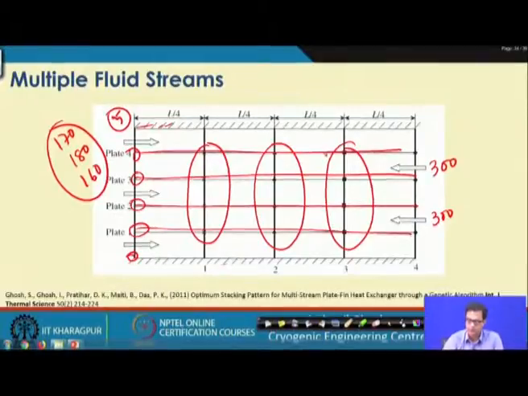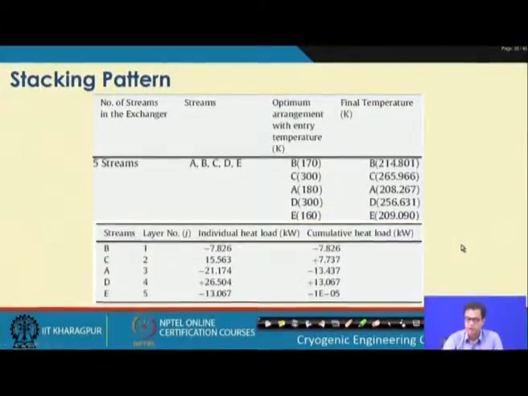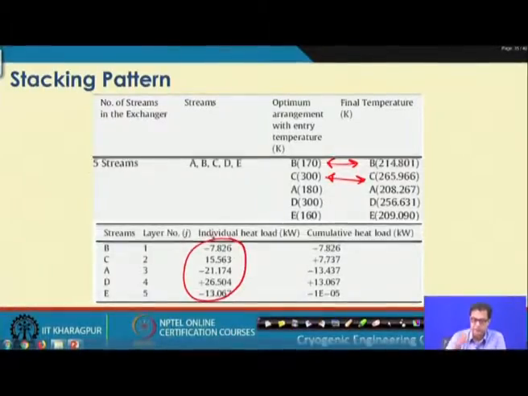So, if we now look into this again, as we are talking about how to calculate the heat duty, since we know the mass flow rate and the corresponding Cp, which has been given in that paper, we can calculate the heat load, and this is something called the cumulative heat load.